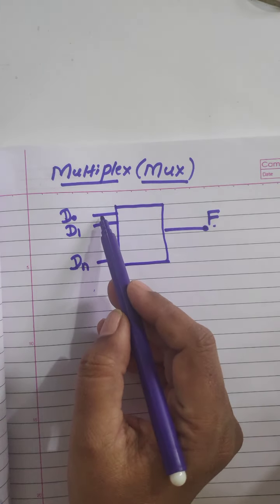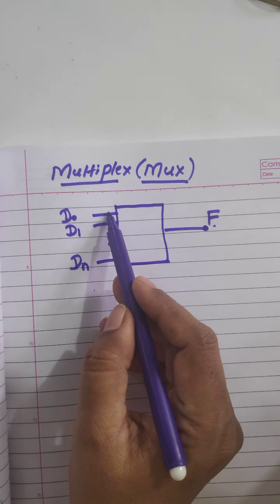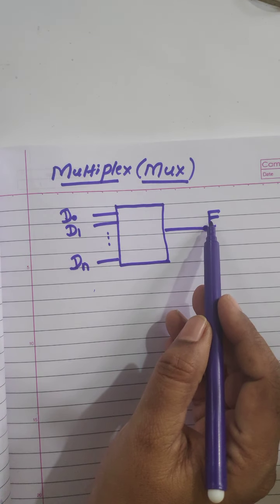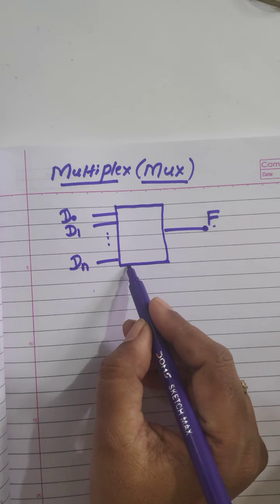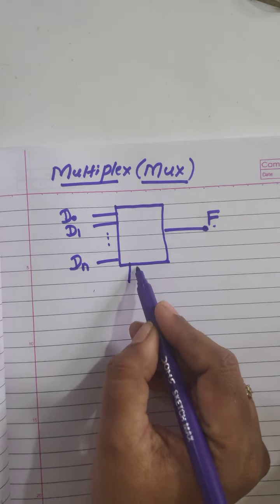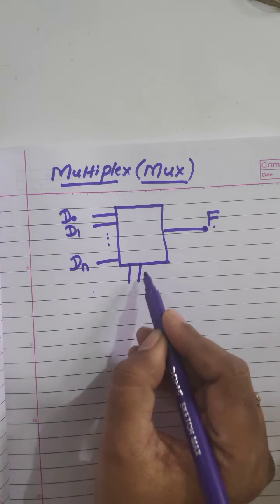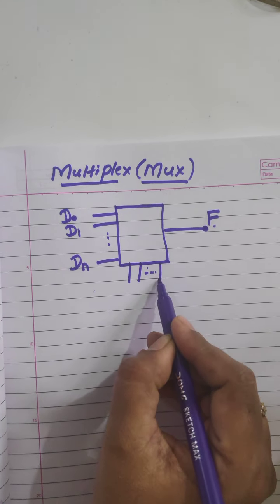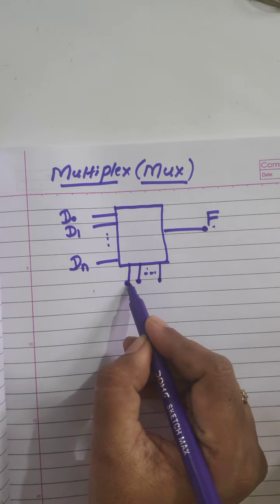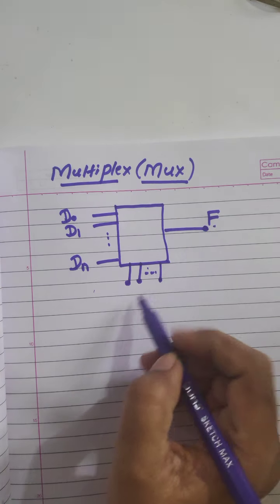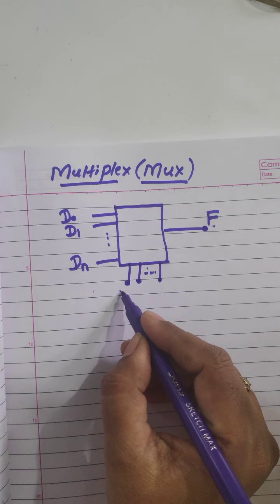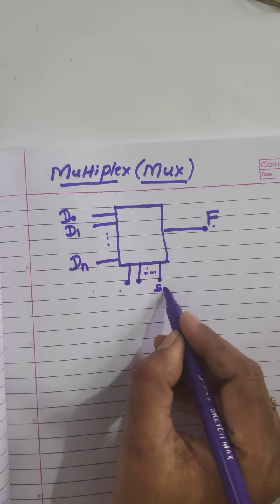It can select either D0 to appear at the output, or D1 to appear at the output. So the selection is done out of the many inputs, deciding which input should appear at the output. Any one of the inputs is going to appear at the output, and that is dependent on the select lines.